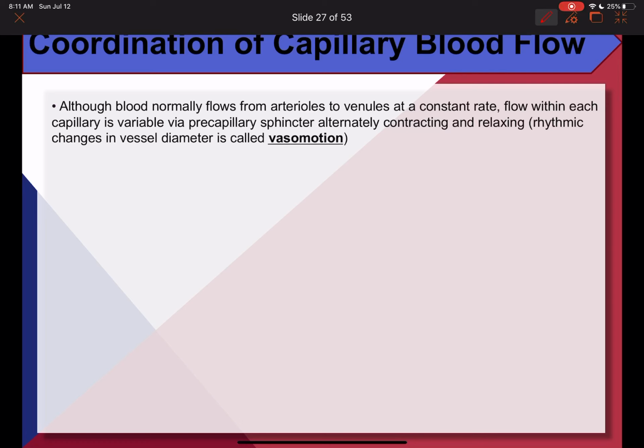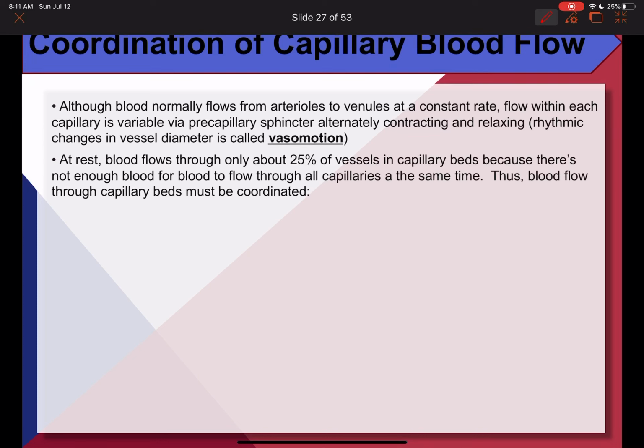All right, so we talked about how blood flow can change with vasoconstriction or vasodilation. But what triggers these mechanisms is the next question. First of all, blood flows through only about 25% of all vessels in capillary beds because there's not enough total blood for blood to be flowing through every single capillary bed all at once within the body.